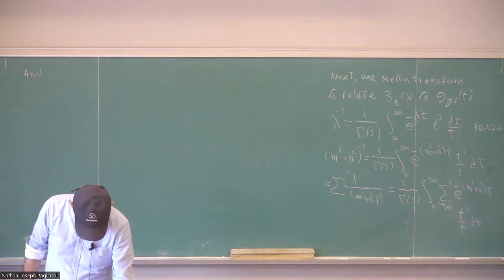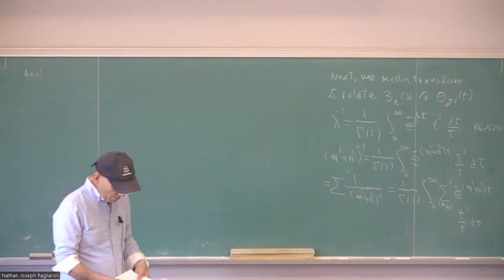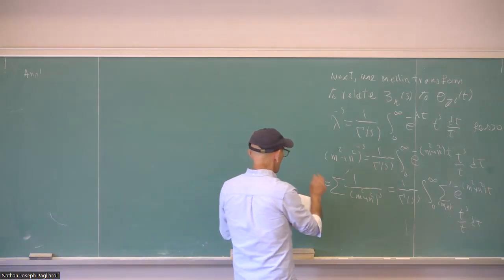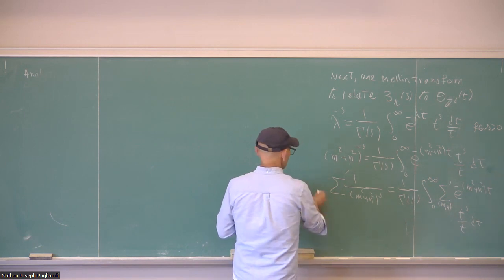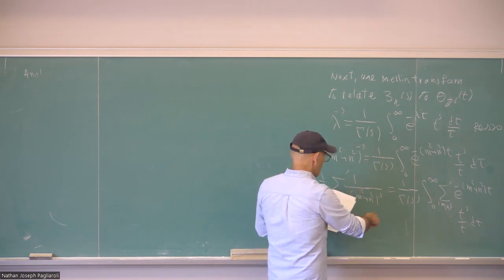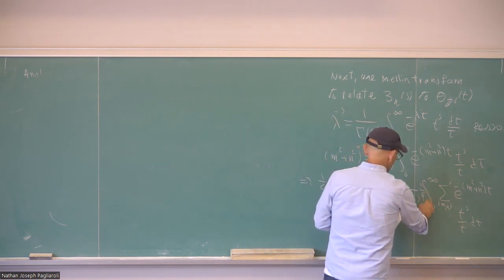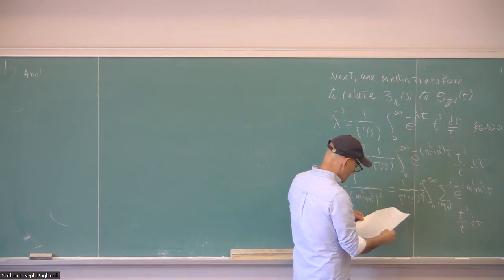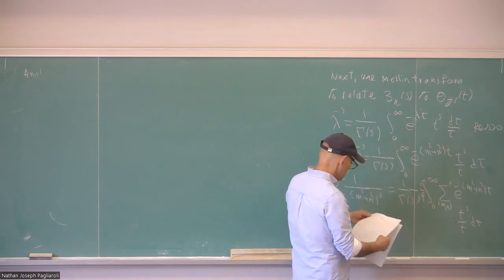So let me write it like this. Maybe I just put 1/4, because we are interested in 1/4 of this sum. Just multiply by 1/4. And then you change the variables.